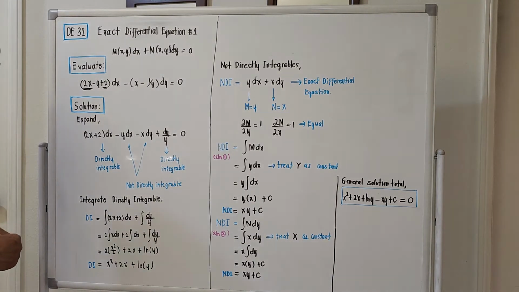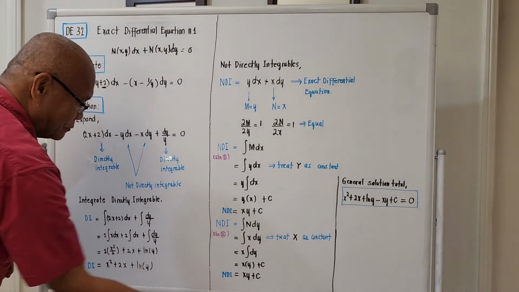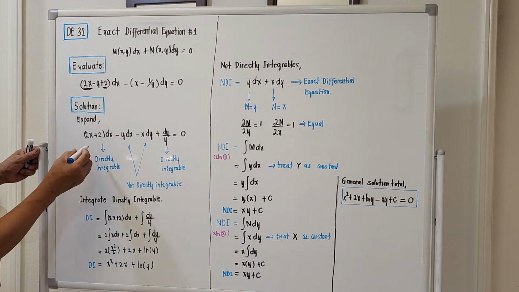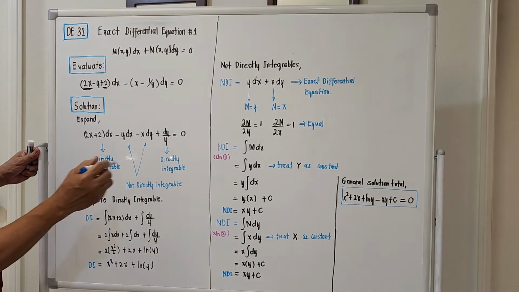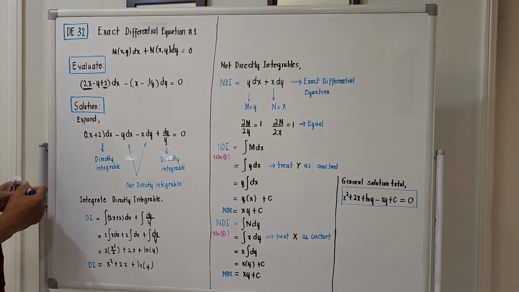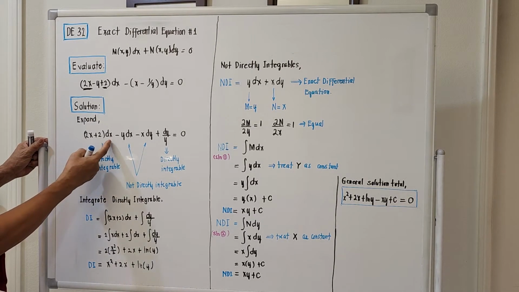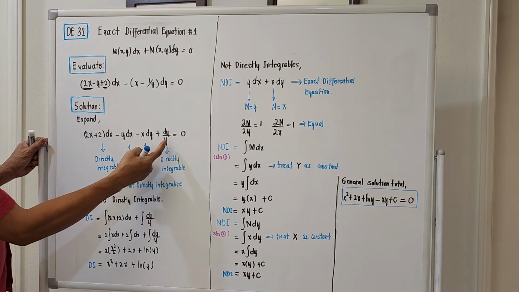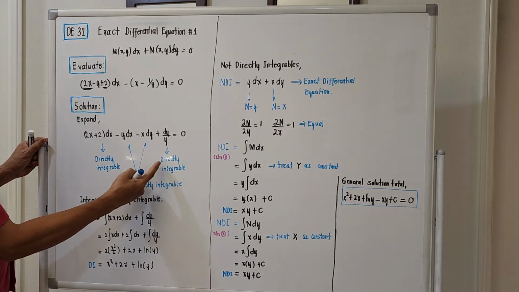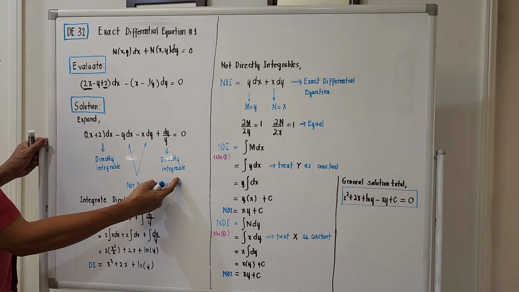If we try to visualize the expansion, the first one, I place it here, is directly integrable. Why directly integrable? It is just a pure function of x, hence dx. This one, a pure function of y and dy, is also directly integrable.